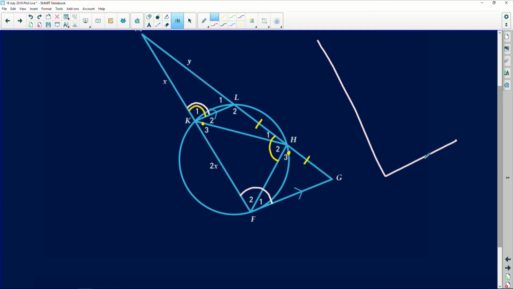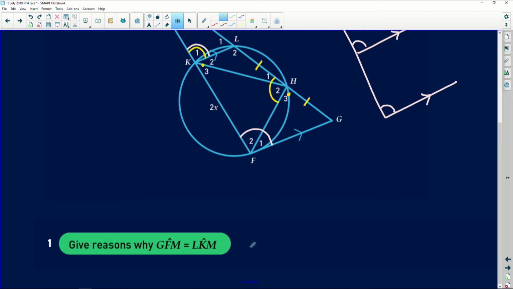If I just draw out the parallel lines here, they're saying, why is this angle equal to that angle? Very easy, simple explanation. They are corresponding angles. And FG is parallel to KL, and therefore the corresponding angles are equal to each other.